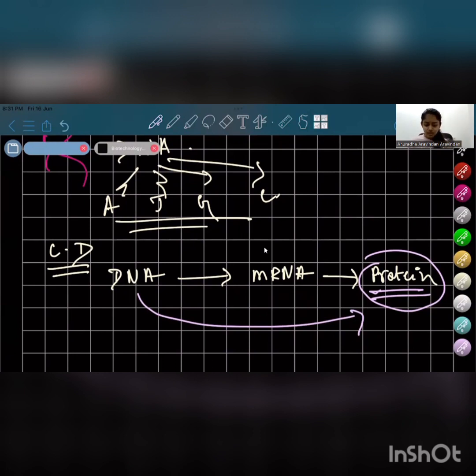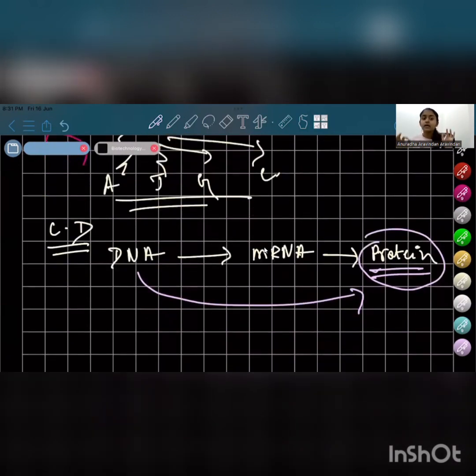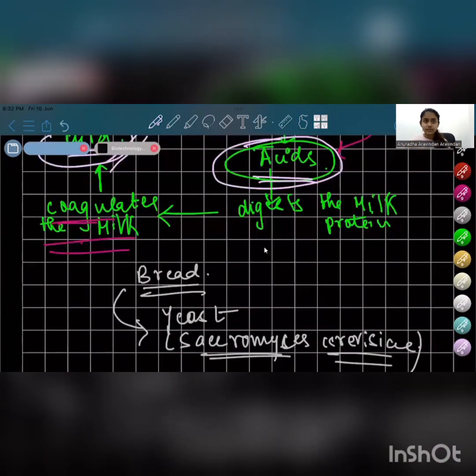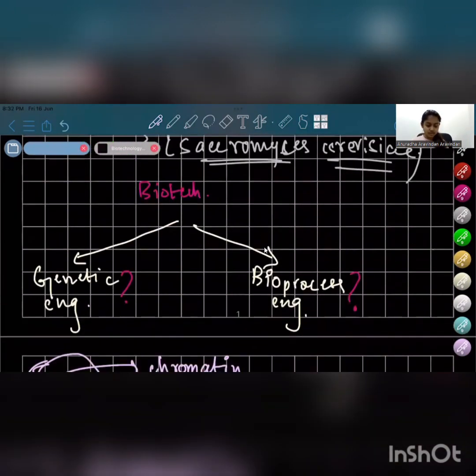So this is what genetic engineering is. I'm going to chemically change the nature of the DNA so that the protein made is different, and because this protein controls the phenotypic character, a very different phenotypic character will be exhibited. Like this we can genetically modify an organism. This is done using genetic engineering, right? So now I guess the genetic engineering part is clear for you.